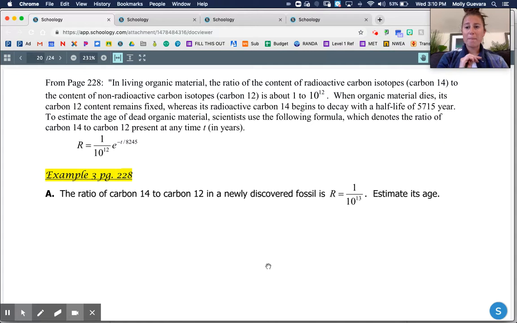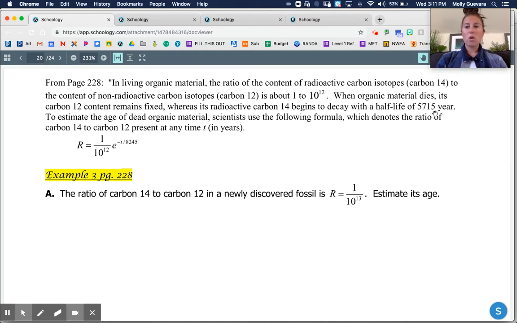So what that means is when a living thing dies, the carbon-12 stays the same, but the carbon-14 starts to decrease. And it has a half-life of 5,715 years. So every 5,715 years, the amount of carbon-14 in the living thing cuts in half.